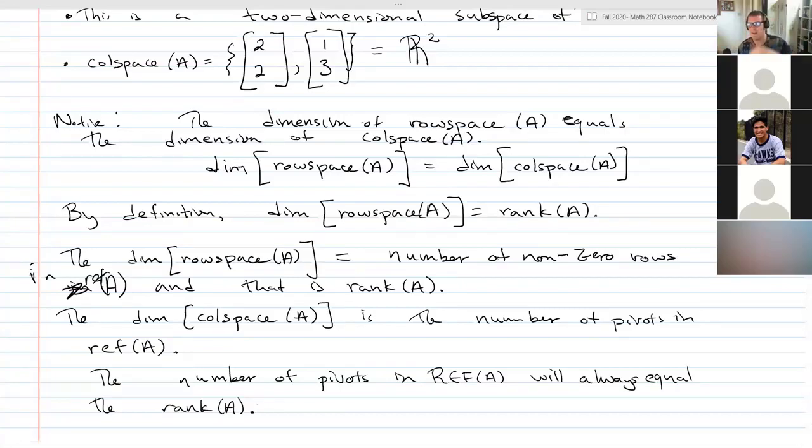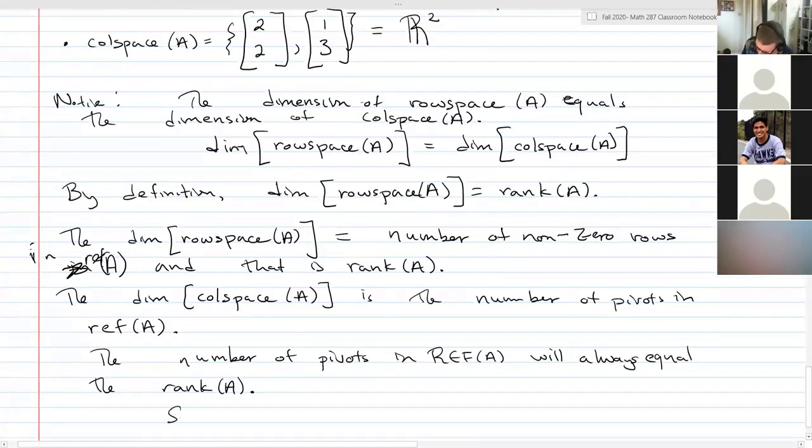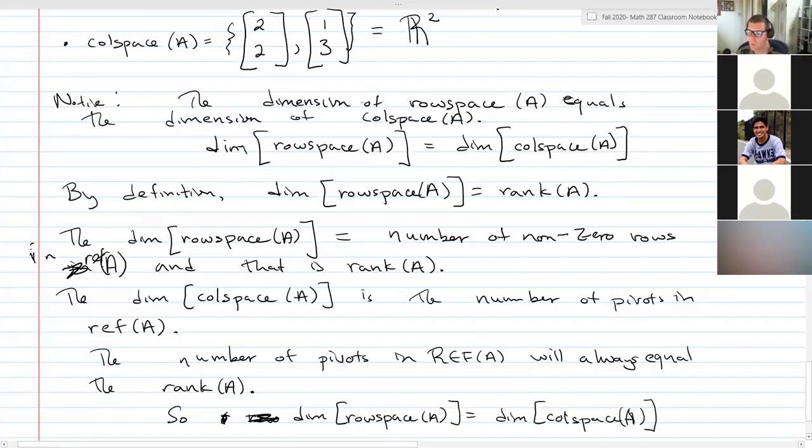So the number of pivots is going to equal the rank of A. And so the dimension of the row space of A equals the dimension of the column space of A, which, by the way, equals the rank of A.